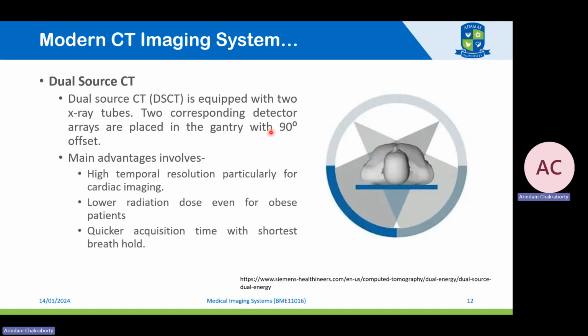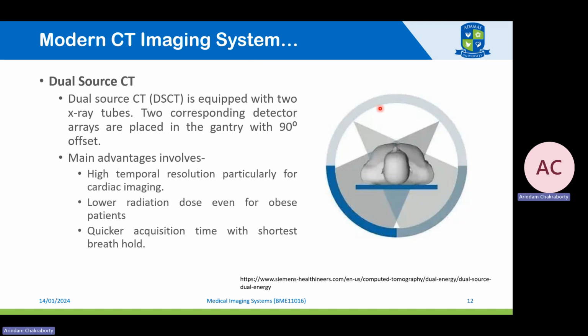Now another important aspect that is used these days, which is a very proprietary technology and used quite a lot these days, is known as dual source X-ray.